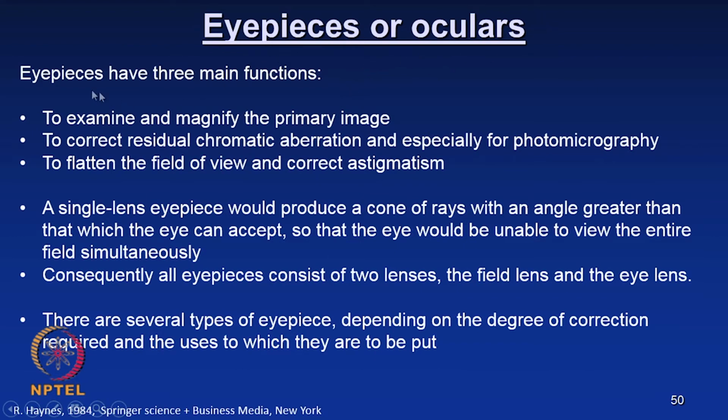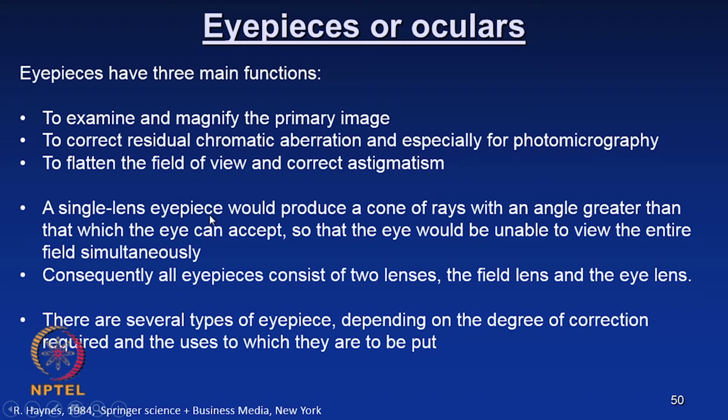They are also called oculars, and eyepieces have three main functions: to examine and magnify the primary image, to correct the residual chromatic aberration, especially for photomicrography, and to flatten the field of view, which we have seen is a problem, and correct astigmatism. So, these are the three primary functions of an eyepiece.